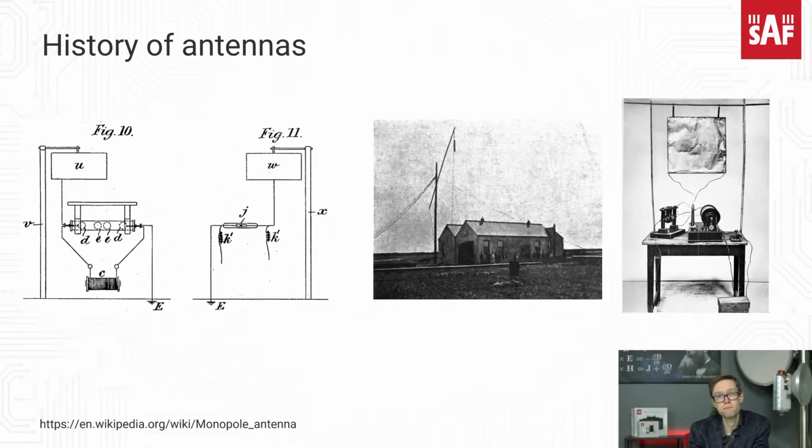And some pictures showing what Marconi's invention looked like. This is a drawing from his patent from 1896, showing his first monopole antenna. There was a transmitter on the left and a receiver on the right, on this left picture.